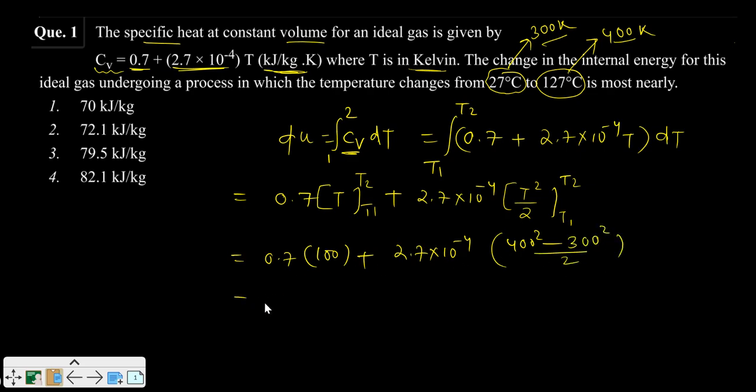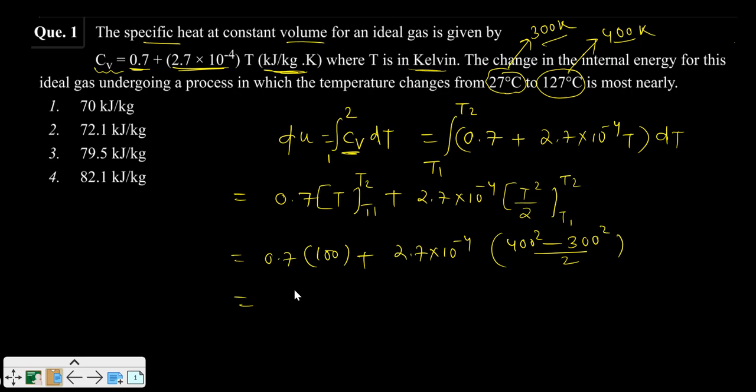So if we do this calculation, very quickly, 0.7 into 100 is 70, plus 2.7 into 10 raised to the power minus 4 into 400 square minus 300 square divided by 2, right?